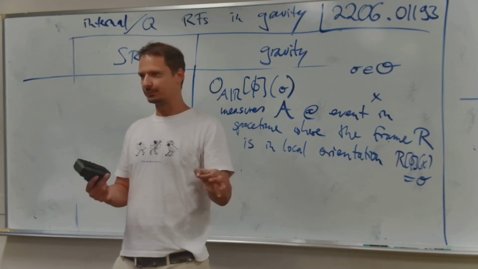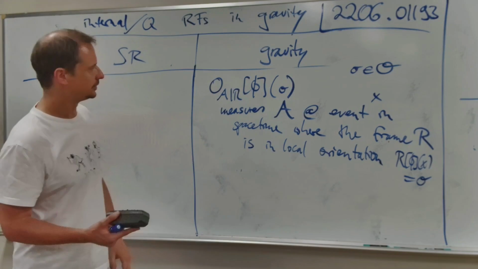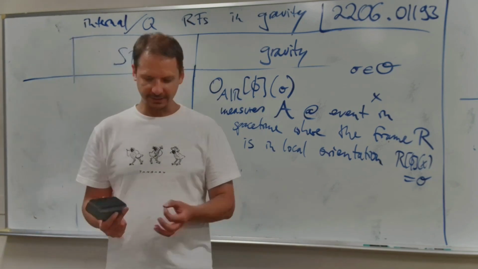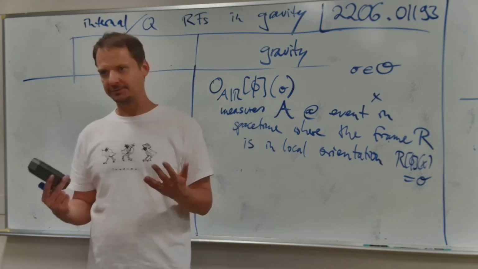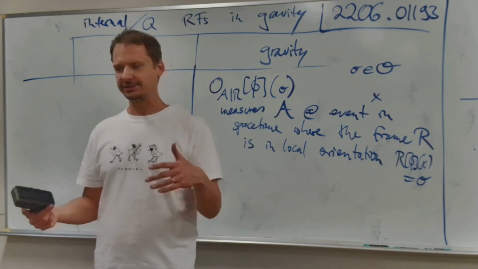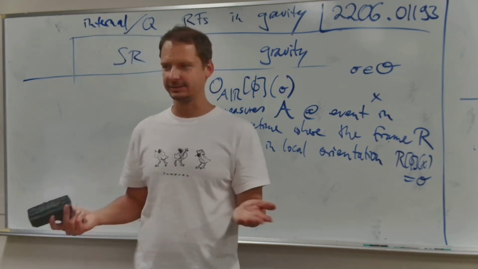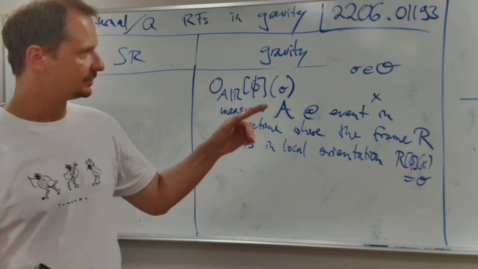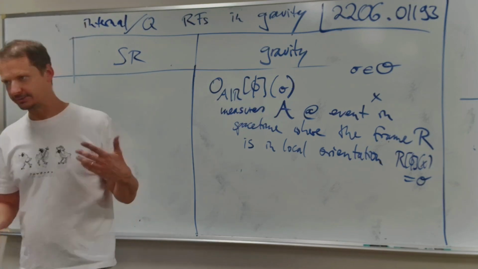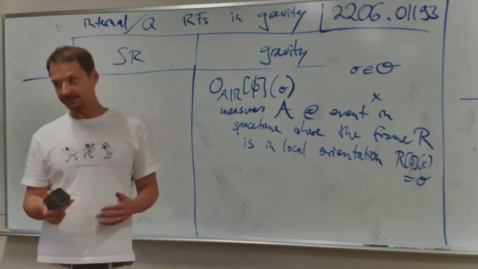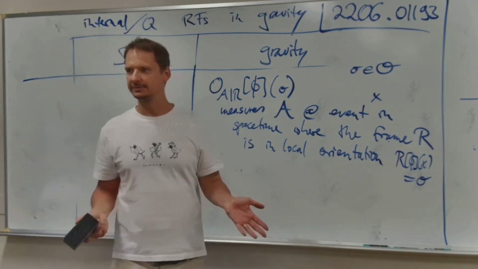And because gauge transformations in gravity move spacetime points around, you have to start rethinking what you mean in a gauge invariant way by locality. You can't use the background locality because that's not gauge invariant. What I'm describing here is a gauge invariant way of defining locality, in a relational way relative to your dynamical reference frame.